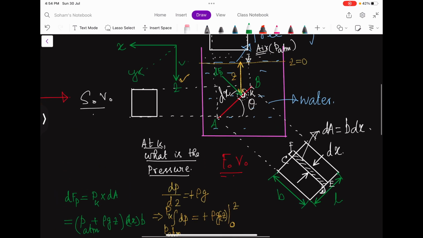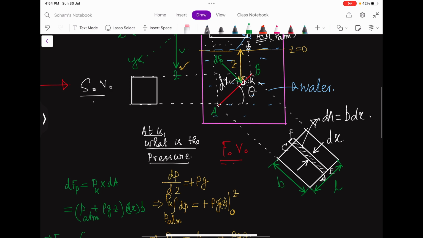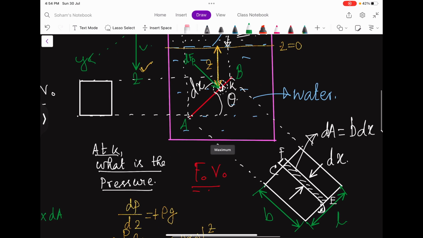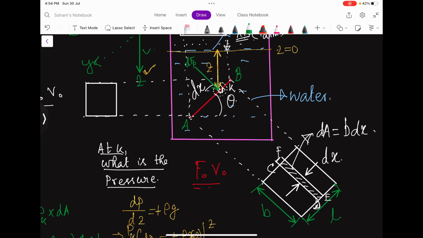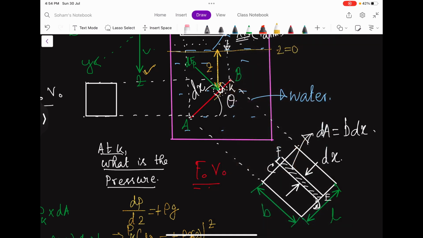Now this length is dx. If I zoom in on it, this length is dx.